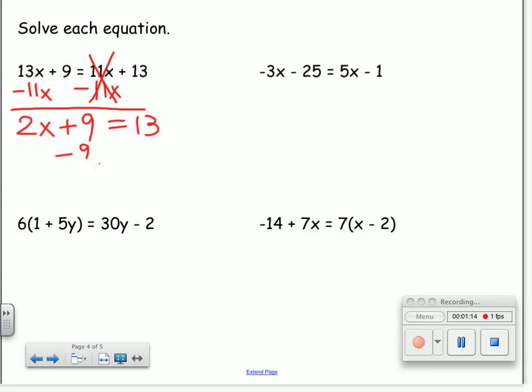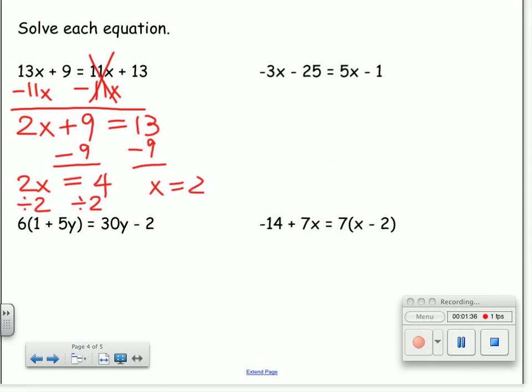So I subtract 9 from both sides. I'm left with 2x is equal to 4. Now I divide both sides by 2, and I'm left with x is equal to 2.